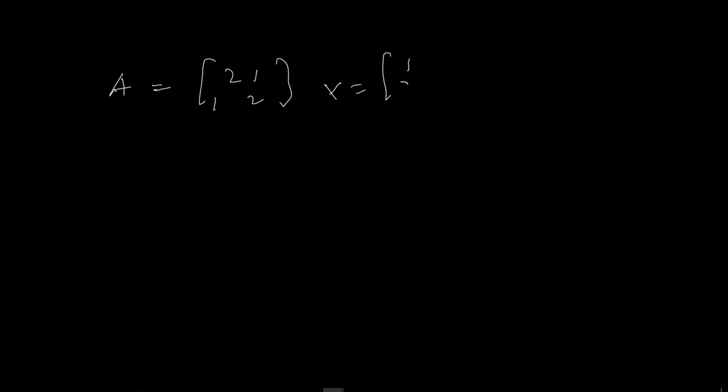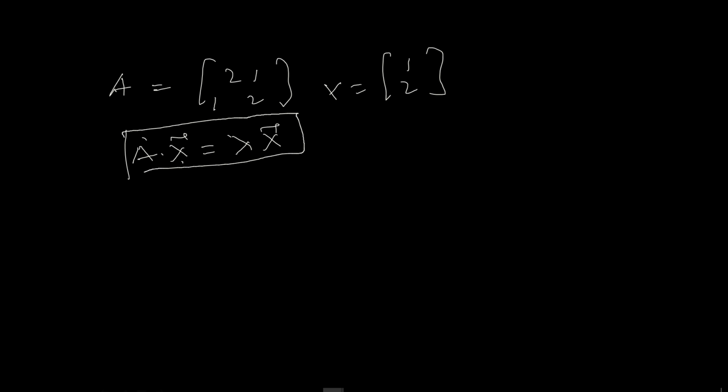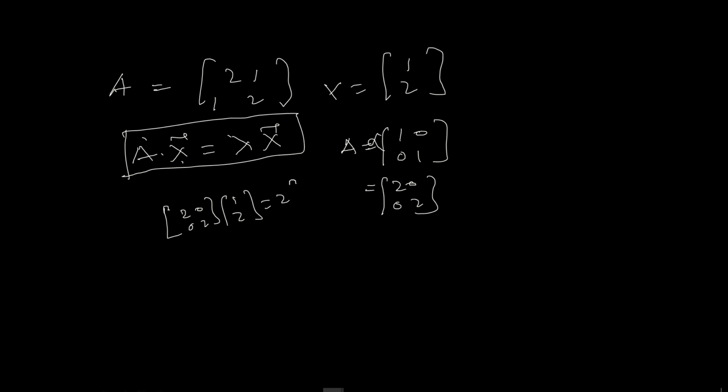Okay, when A was 1 0 0 1 multiplied by alpha, as we multiply with 2 0 0 2 and x is 1 2, you will get 2 times 1 and 2. So the same vector x, this is the property of the eigenvalue, and this is the eigenvector corresponding to this, but this is only stretching.